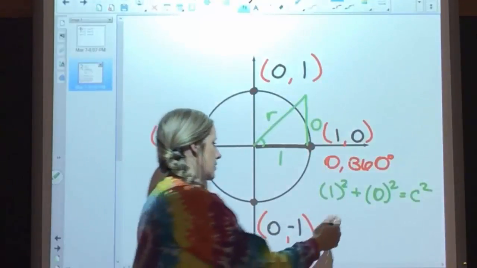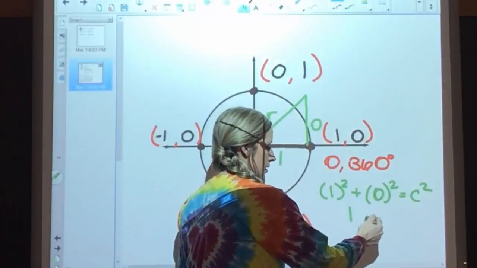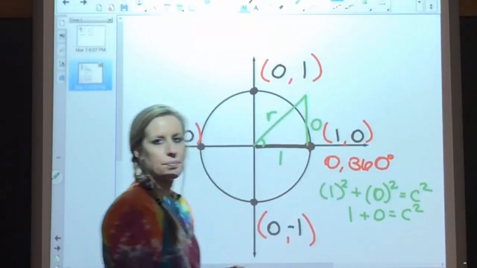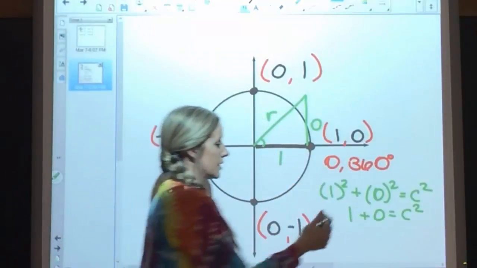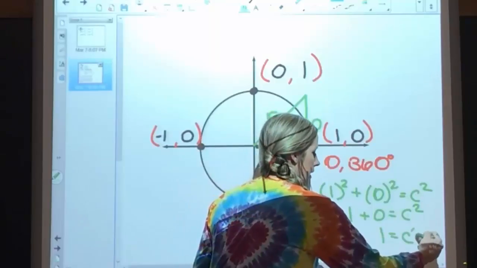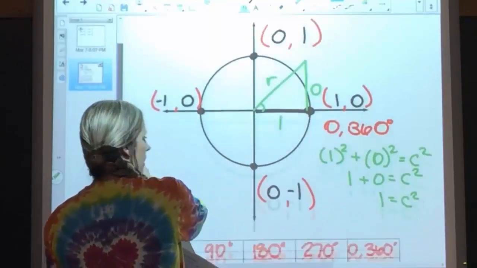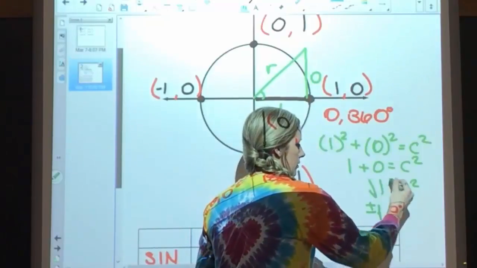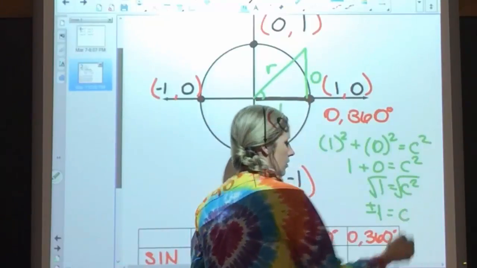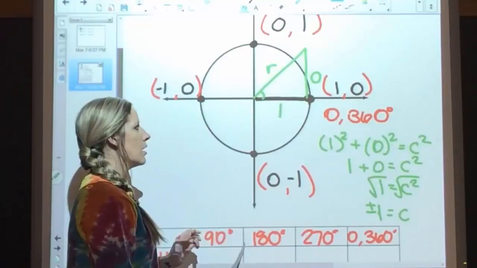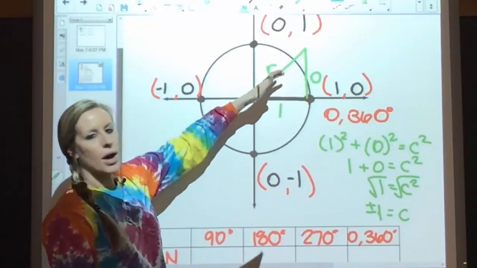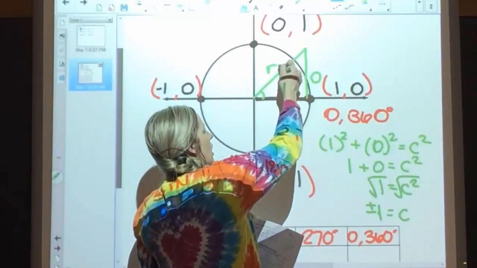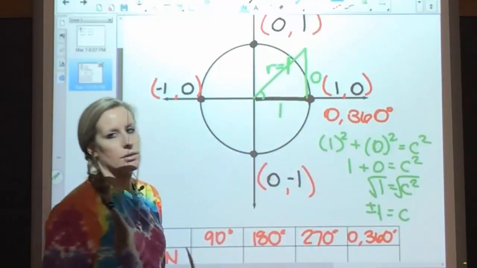So we would get 1 plus 0 equals c squared, so c squared would equal 1. If you take the square root of that, you would get plus or minus 1. Now your hypotenuse is always positive, so our r would equal 1.